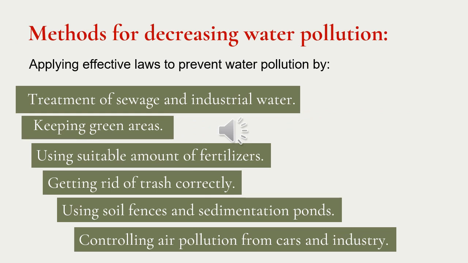Can anyone tell me how we can decrease water pollution? Water pollution can be reduced by keeping green areas, using a suitable amount of fertilizers, getting rid of the trash correctly, and controlling air pollution from cars and industry.